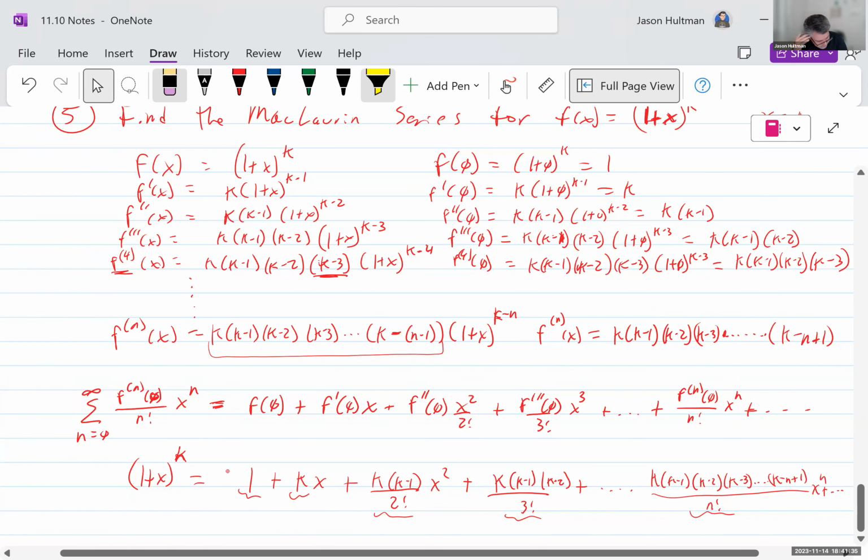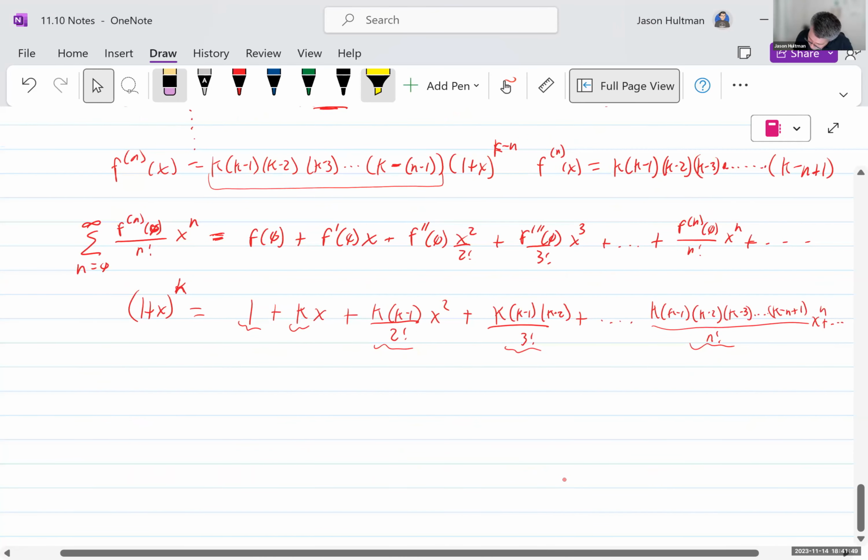I could say that this is really k factorial over n factorial. It's really all over k minus n, right?